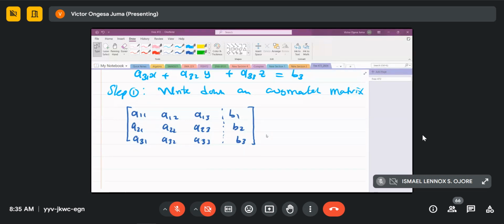So in short, the row echelon form of a matrix is a matrix in which the first non-zero element of any row is to the left of the first non-zero element of any row below it. And if you have any zero rows, then they go to the bottom.